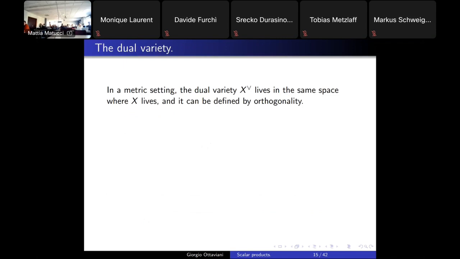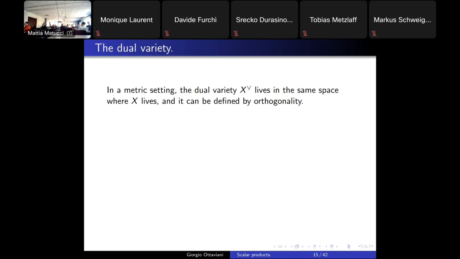Now the first result: there is a duality. To state the duality, I have to recall what the dual variety is. And now there is a warning. Usually in projective geometry, we have a variety X in a space, and we define the dual variety in another space, in the dual space.